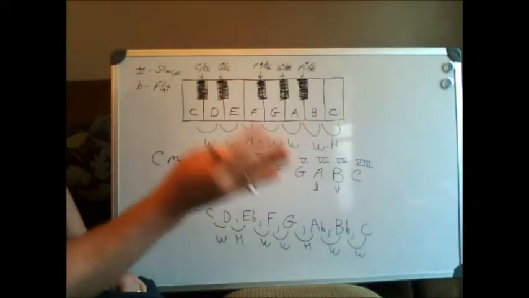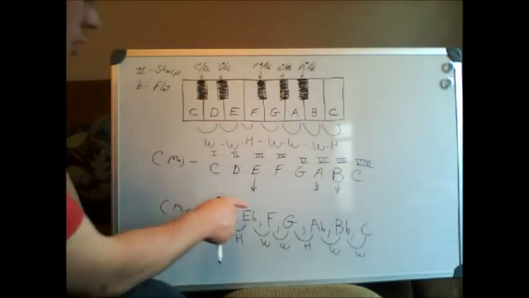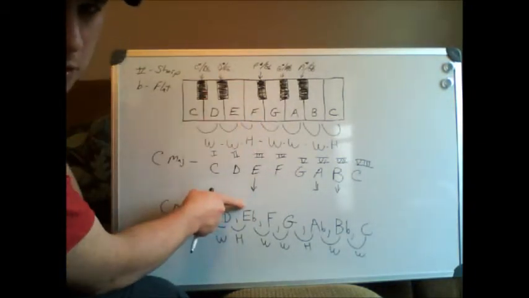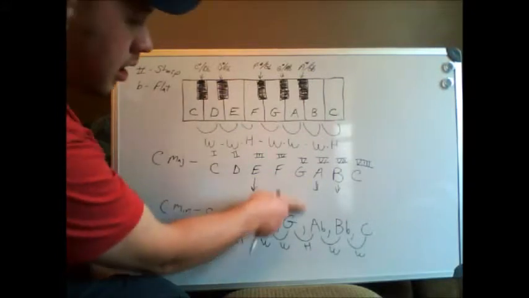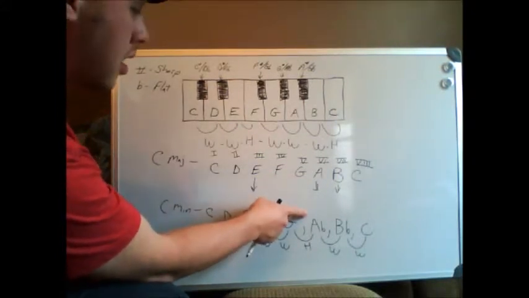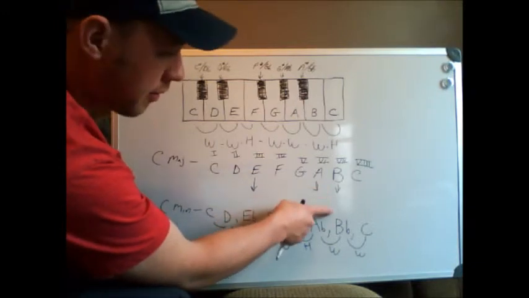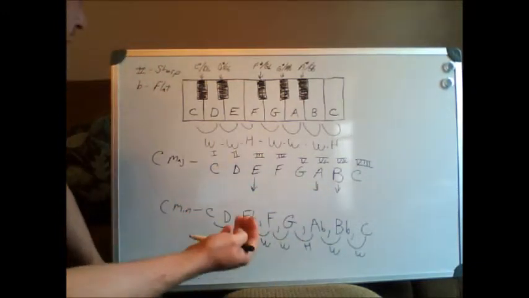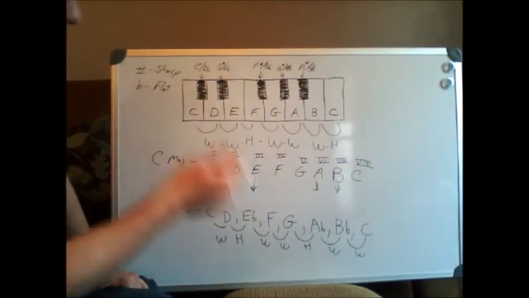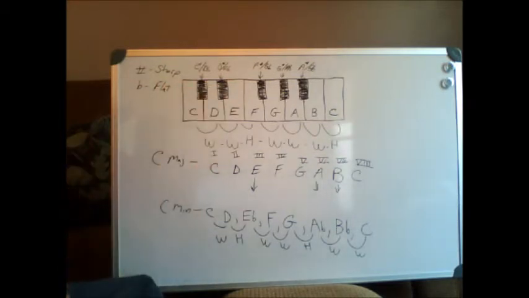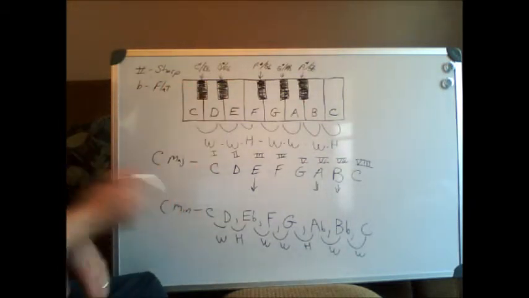They just go back a semitone. If you take a look, E turns into an E flat, A turns into an A flat, B turns into a B flat. All right, so for your natural minor, your 3rd, your 6th, and your 7th are all flat. So that's how I remember it.